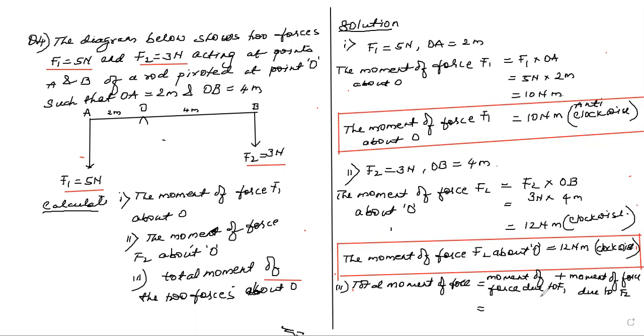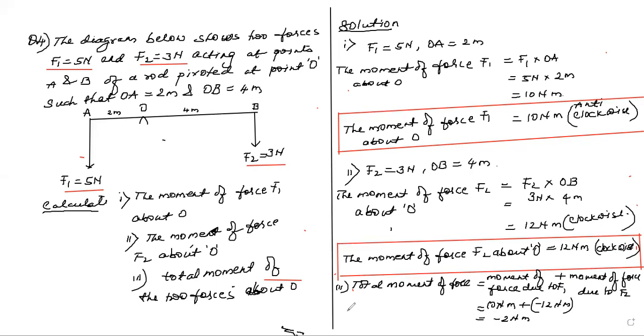Now what is the moment of force due to F1? It was anti-clockwise. Anti-clockwise should always be taken as positive, so it is 10 Newton meter. Plus, what is the moment of force due to F2? It is clockwise, so you do minus 12 Newton meter. When you solve it, 10 Newton meter minus 12 Newton meter, you get minus 2 Newton meter.